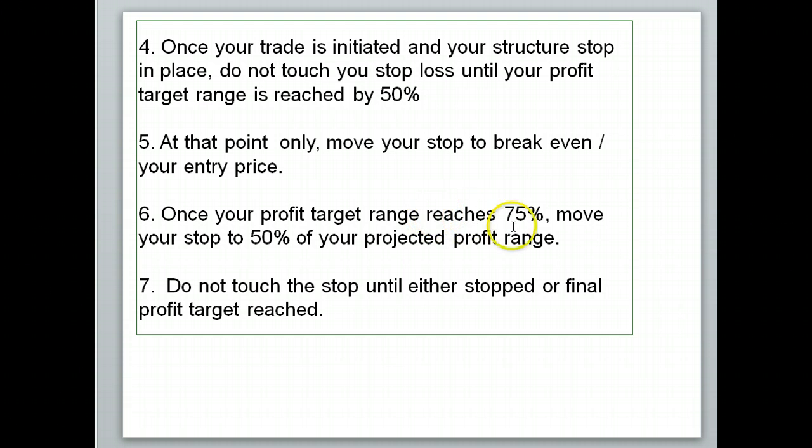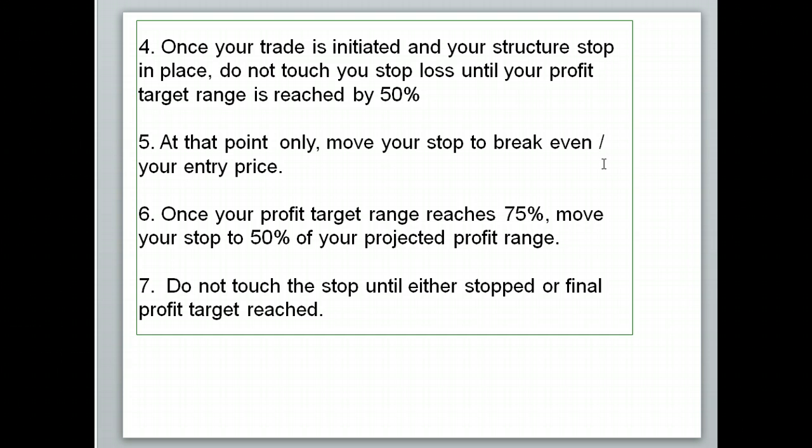Once your profit target is reached by 75%, then you trail your stop to 50% of your projected profit range. In this case, it means if you had 5 points target and now it's passed and it reached 75% of your 5 points, then your trailing stop moves to 2.5 points from your entry.